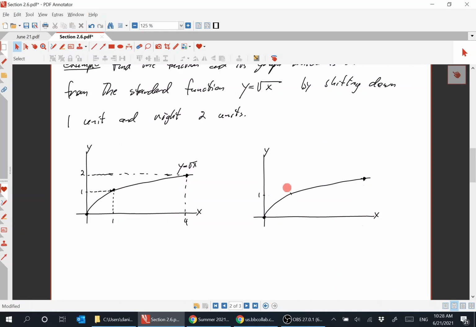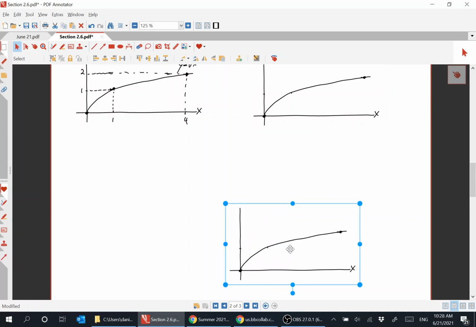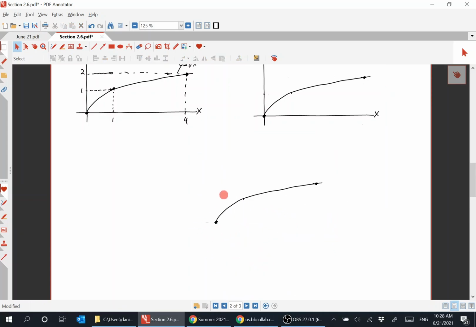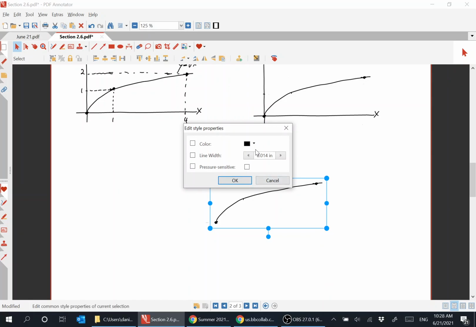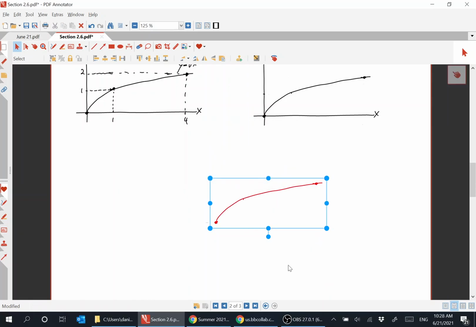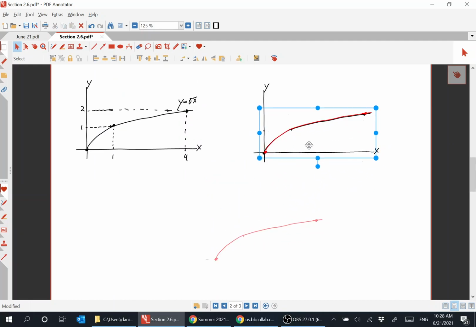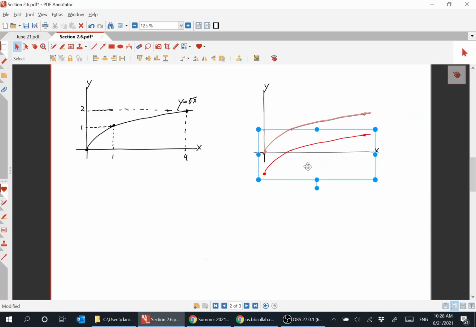Okay, and these special points that we've identified, they get moved along with it. Okay, so we start here. Now we're going to go down 1 unit. All right, down 1 unit and then shift it to the right 2 units.